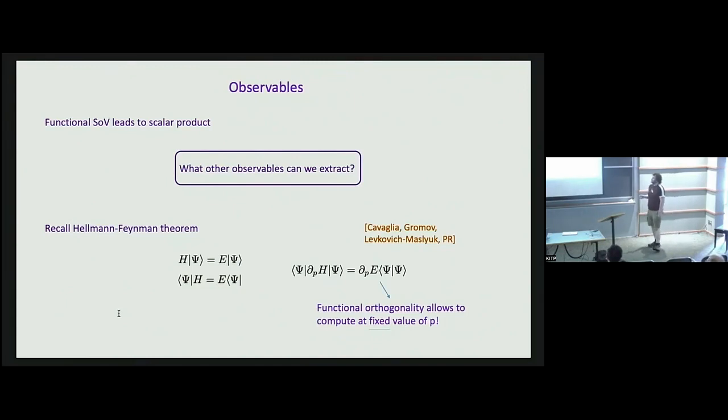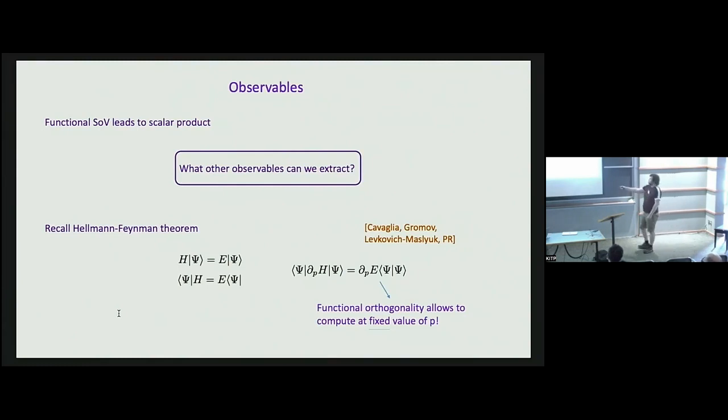So let's rewind all the way back to quantum mechanics 101, where we have the so-called Hellmann-Feynman theorem, which says take some conserved charge, for example, the Hamiltonian, which has left and right eigenstates psi with the same eigenvalue E. And what this theorem tells you is that you can compute a non-trivial operator, which is the derivative of the Hamiltonian with respect to some parameter, and compute its matrix elements, and you find that the matrix element is given by the derivative of the eigenvalue with the same state.